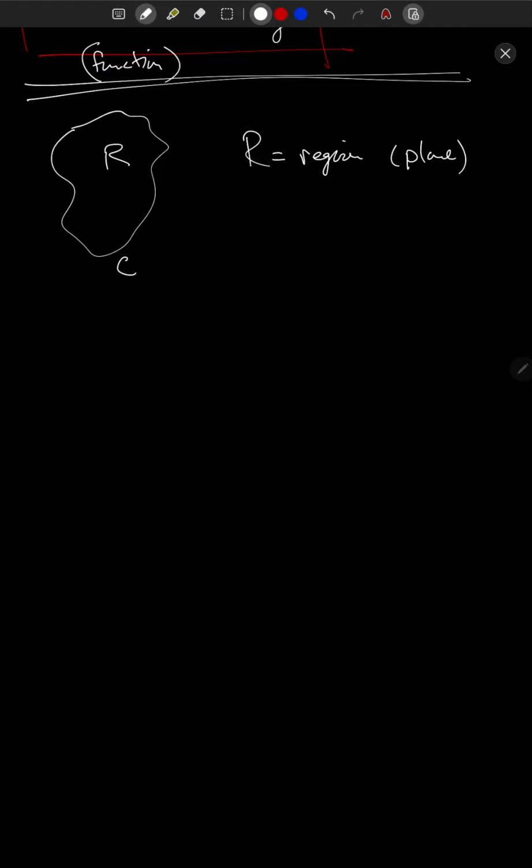I want to emphasize that heavily because we're going to be doing versions of these functions not just in the plane in the very near future, so in the next few sections, actually. For today, it's completely in the plane. So R is a region in the plane, perhaps the inside of a circle of radius 9 about the origin, and C is equal to its boundary.